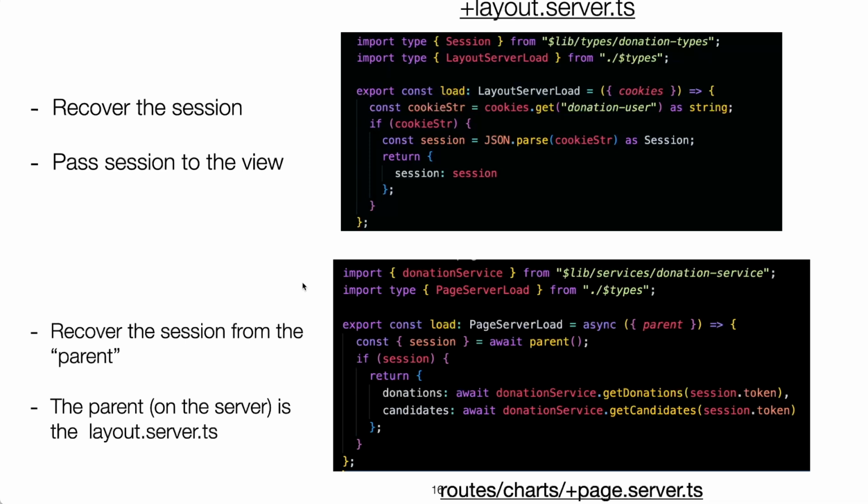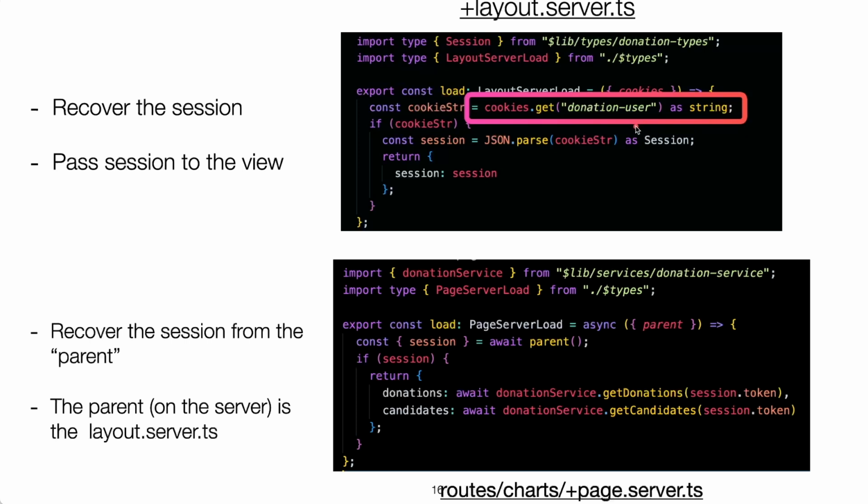This leads to one more simplification. Layout.server.ts is doing the recovery of the cookie. That cookie can be passed on to all the page server TSs in the application itself. So in the charts page.server.ts, for instance, we're now no longer having to reach in to the cookie ourselves and do the parsing.